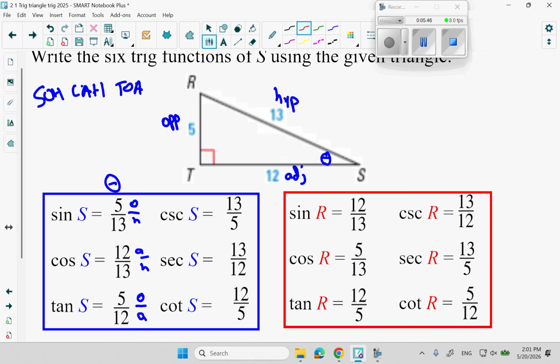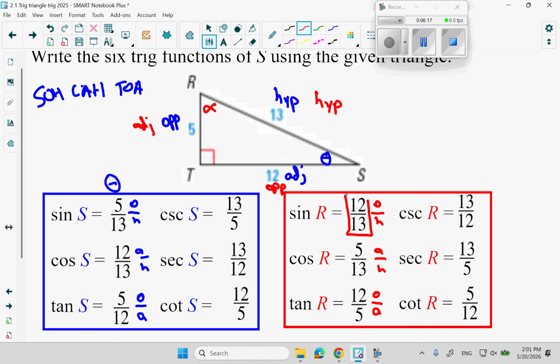But let's say I'm doing it from the perspective of R. Again, 13, still my hypotenuse. But now 5 is my adjacent instead, and 12 is my opposite. So my opposite and adjacent become flipped, which means instead of sine being 5/13 from S, the sine of R is 12/13.